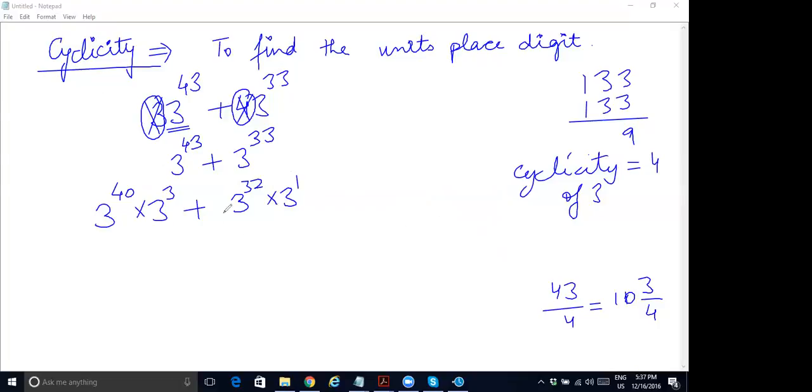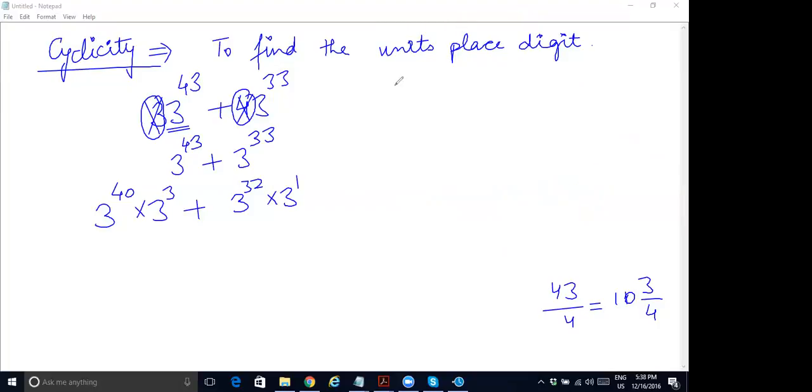So what does the rule say? The rule says, knowing the cyclicity, how to change the exponent. The exponent here is 43. We divide by the cyclicity of the number and we get a remainder of 3.